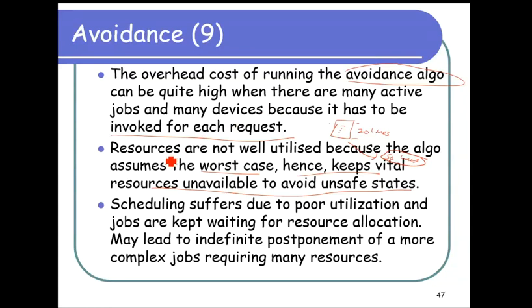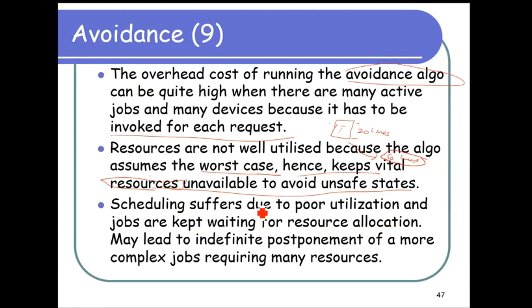If the OS always assumes the worst case, it's not a good system, okay? Because it will keep the vital resources, the highest priority ones, unavailable. No, you cannot use this unless it's very important, because the OS wants to avoid unsafe states. Scheduling suffers due to poor utilization.